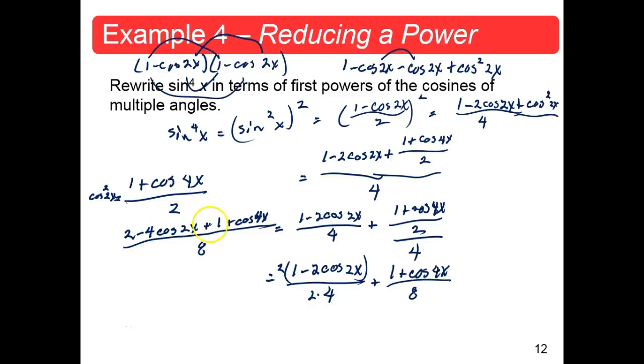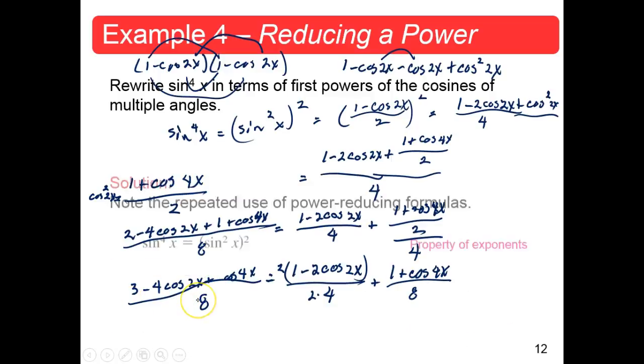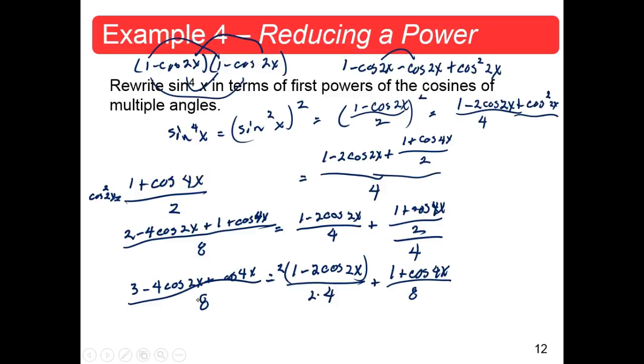Well, let's combine like terms. That would give us 3 minus 4 cosine 2x plus cosine 4x over 8. I think that's it.